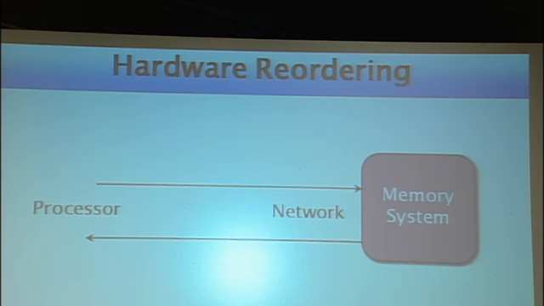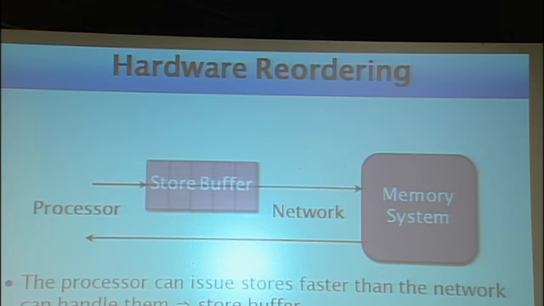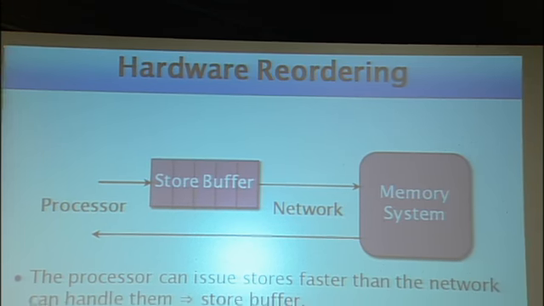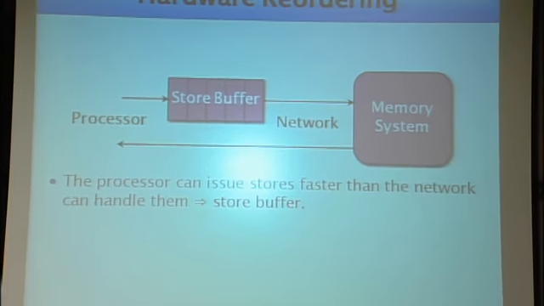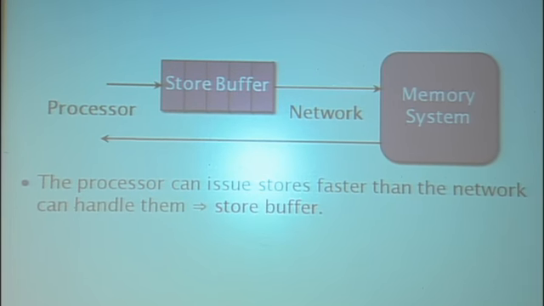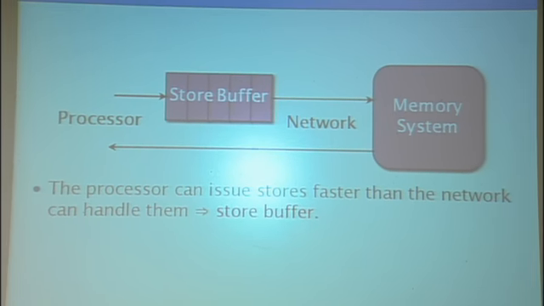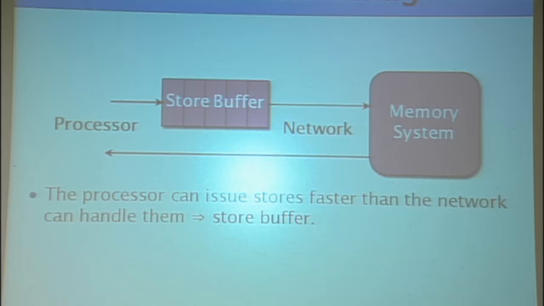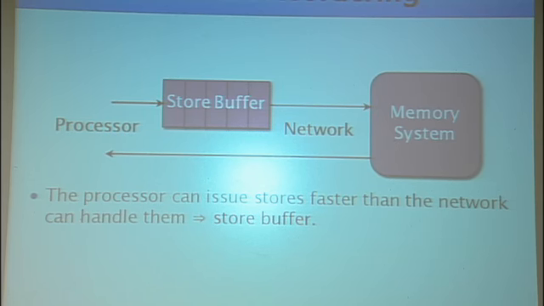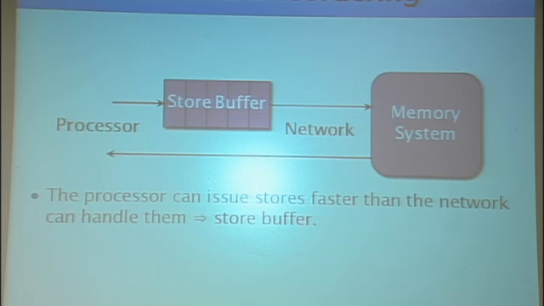So the processor, in fact, can issue stores faster than the network and the memory system can handle them. The processors are generally very fast, the memory systems are relatively slow, but the processor is not generally issuing a store on every cycle. A store may do some additions, may do another store, etc.